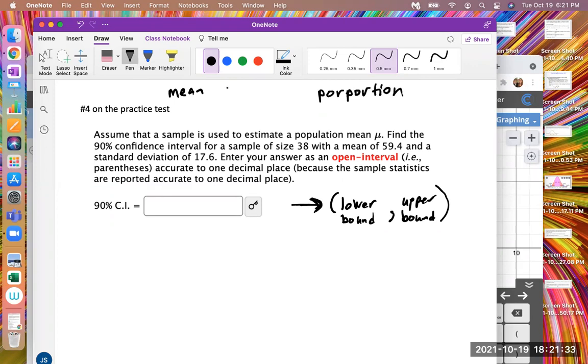You have to ask yourself that, because there are different methods and different tests that you're going to use depending on whether it is a mean problem. Are they asking us to estimate the population mean, or the population proportion?